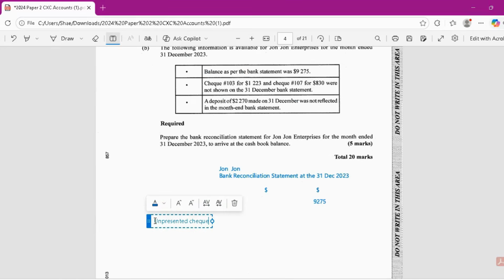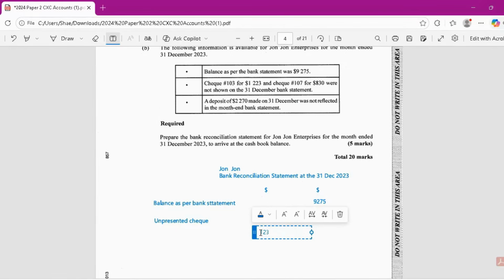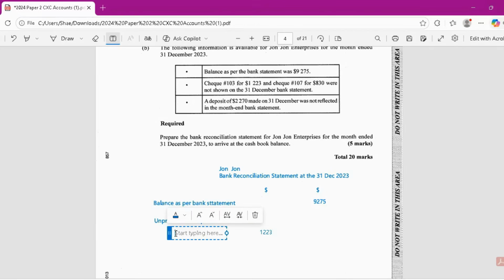All right, so we're going to add unpresented checks, which would have been the 1,223. So let me put them down. 1,223, which is check number 103. And we also have check number 107, which was not added to the cash book.